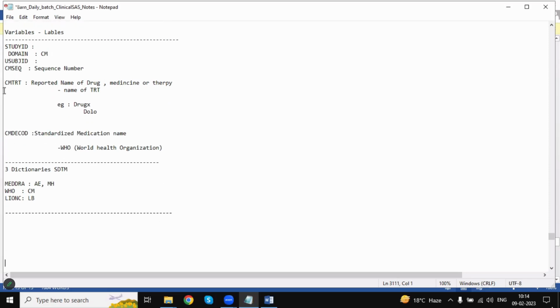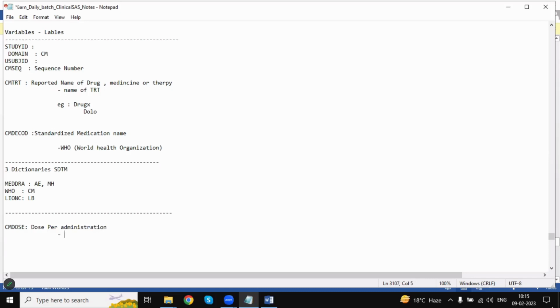Okay. So TRT is the drug name. The drug's medical name is going to be captured in a CMD code. Next, CM dose. Dose for administration.